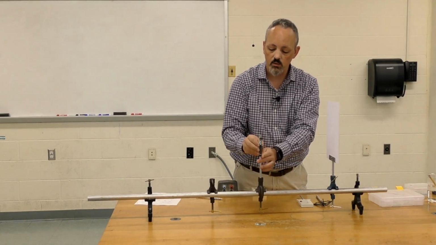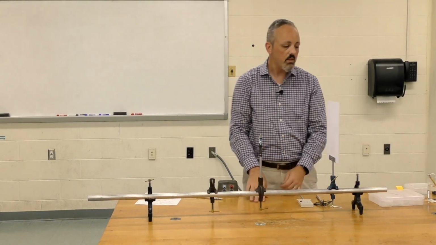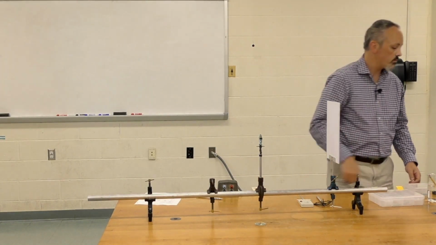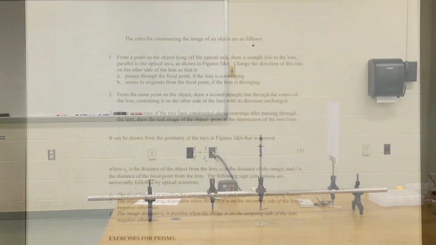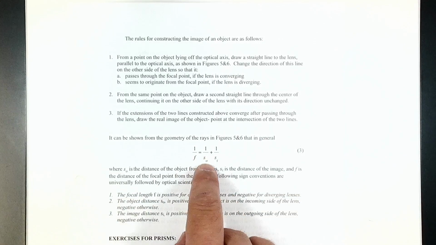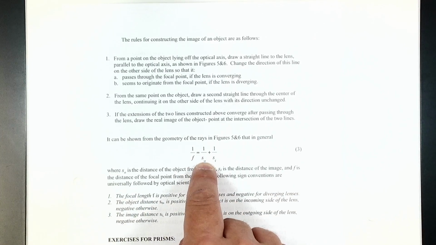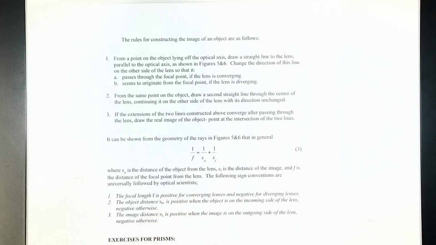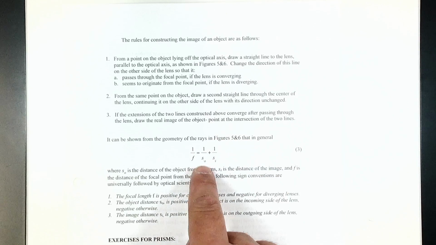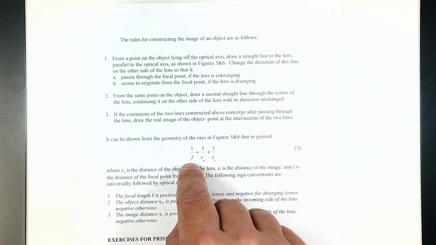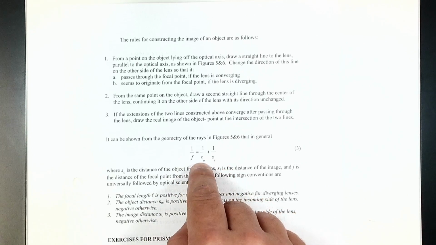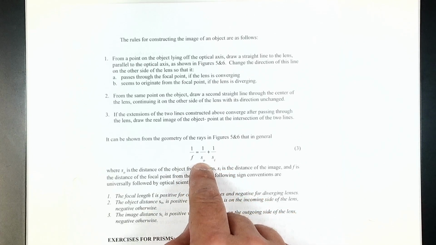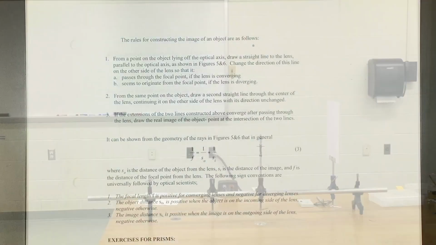And as you might understand from basic math, as your object distance here, S_O, becomes a very, very large number, 1 divided by a very large number gives you a very small number. So the bigger this number is, then what you're going to find is that F will be equal to S_I if this becomes effectively infinity. Okay? So that's what we're going to do in this first experiment.